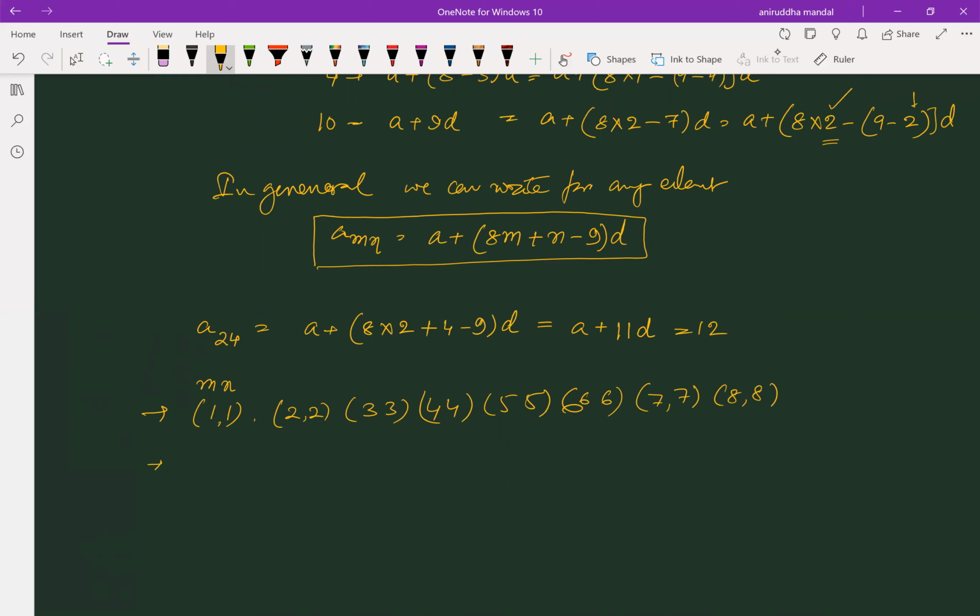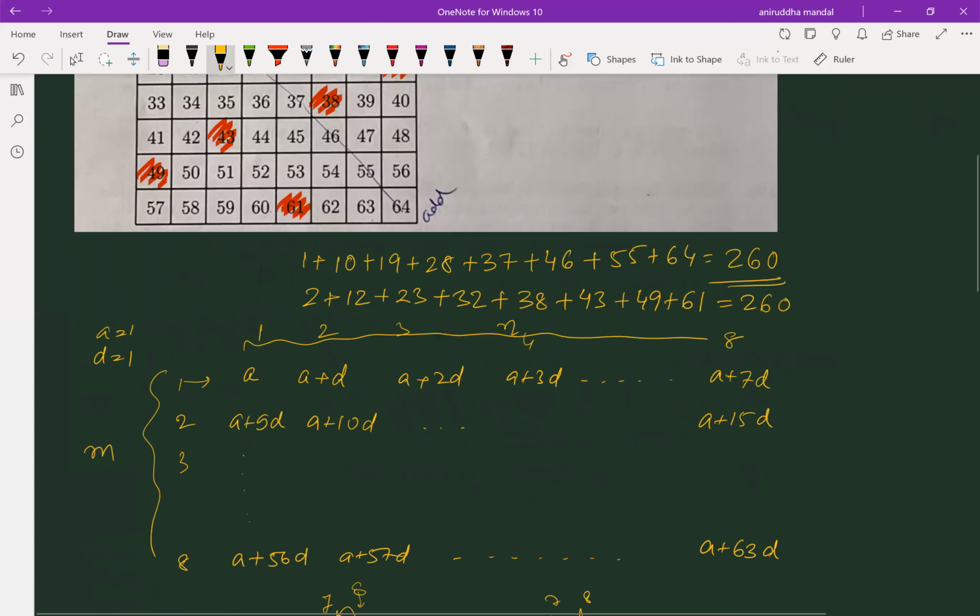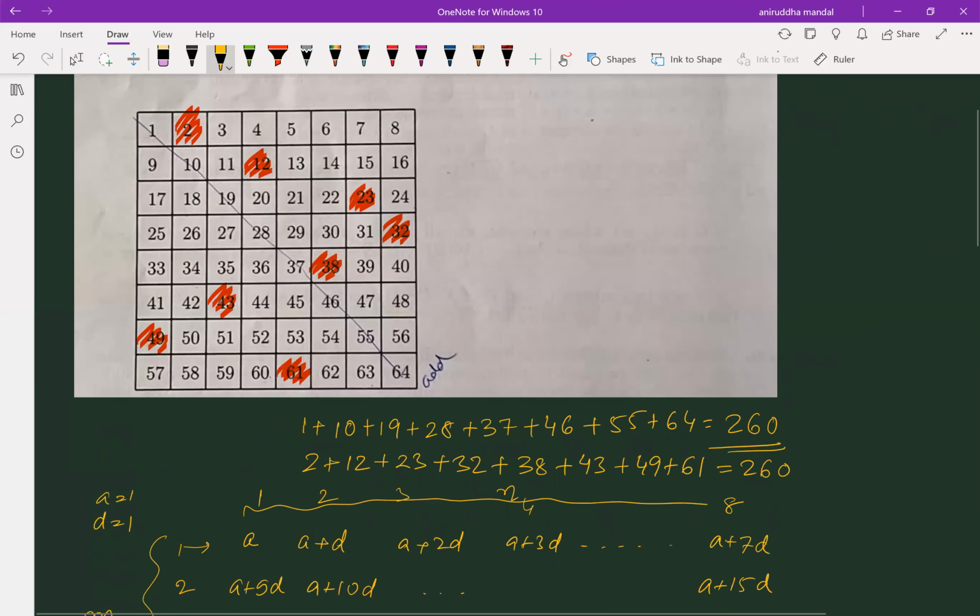Suppose what we have taken earlier, so we just write that one. Okay, so let's say we take this. I'm writing here itself, so it will be easy.